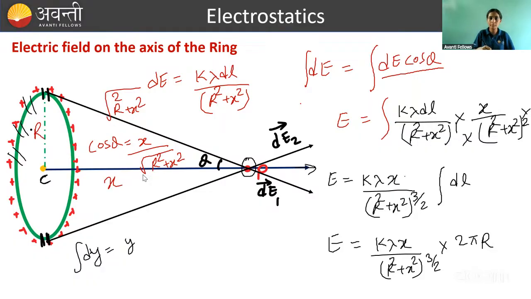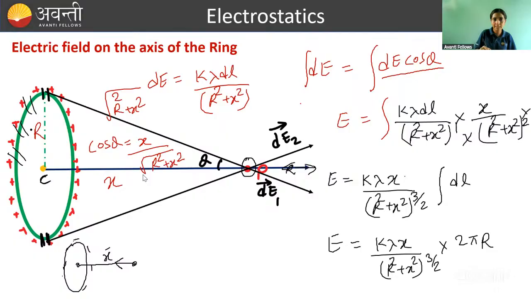So if somebody asks you, there is a ring and on it there is a positive charge. If it were a negative charge, the direction of the electric field would be opposite. Say somebody says there is a negative charge on its length, then what will be the electric field at a distance x?